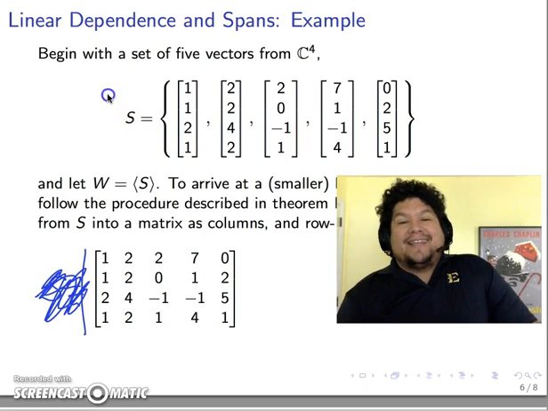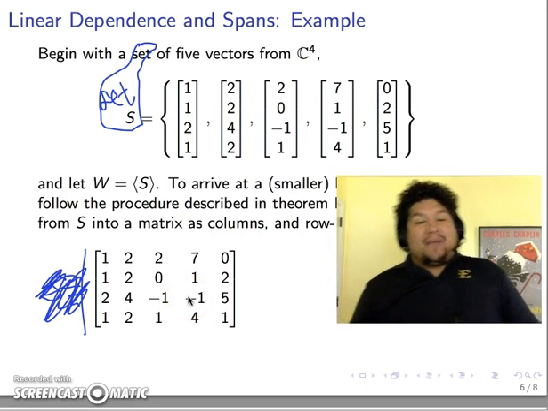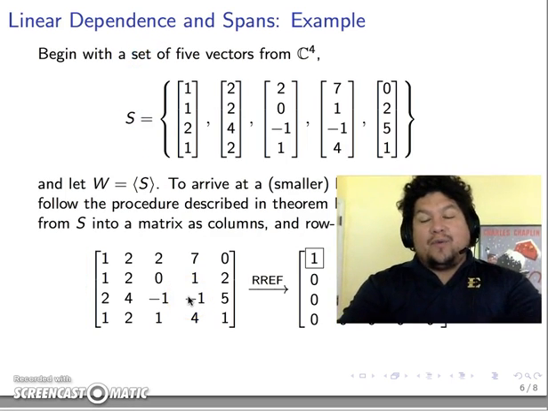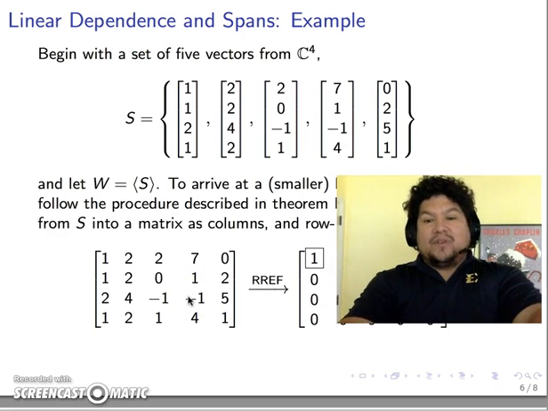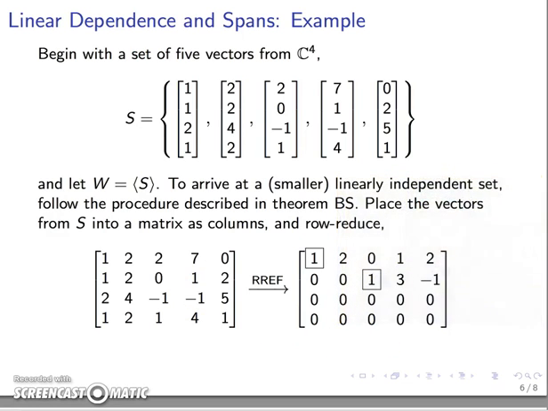The way we're defining this here, S is a set. However, we form the matrix with those columns, row reduce, and by finding the RREF, we realize a couple of things.